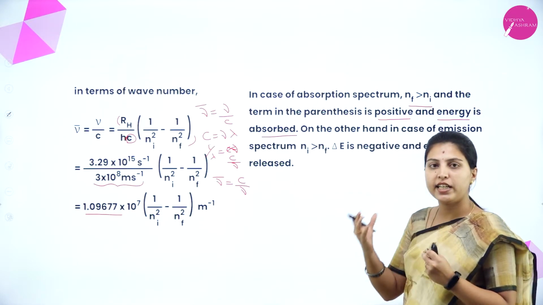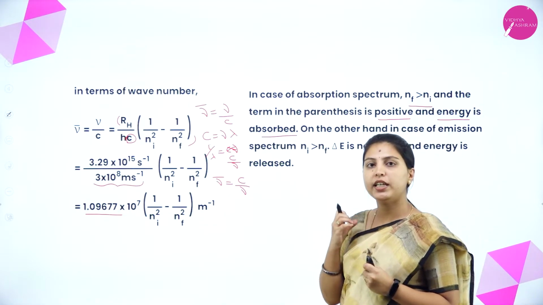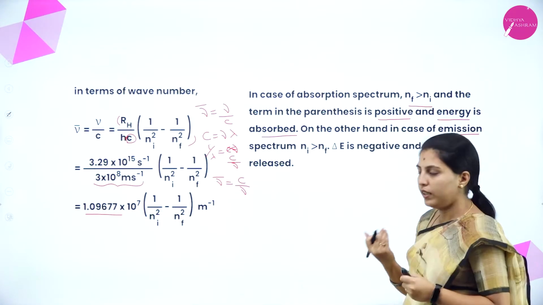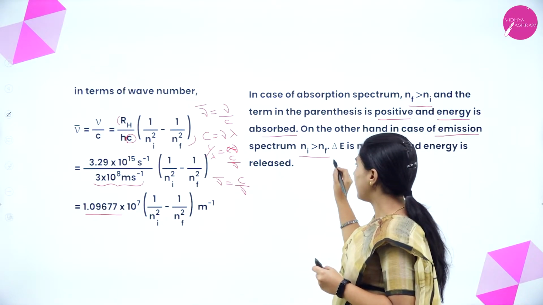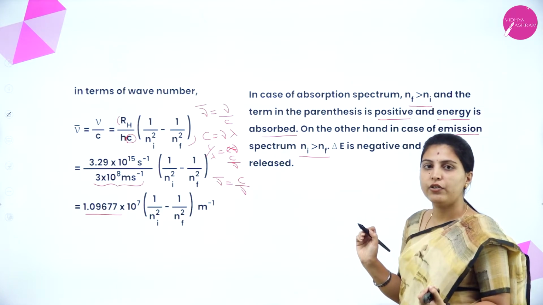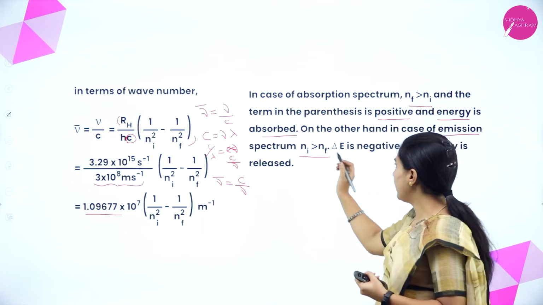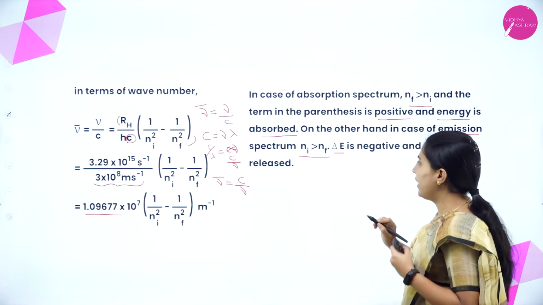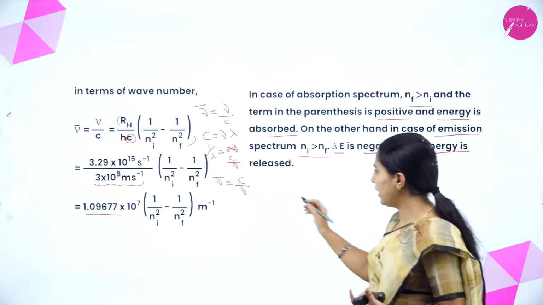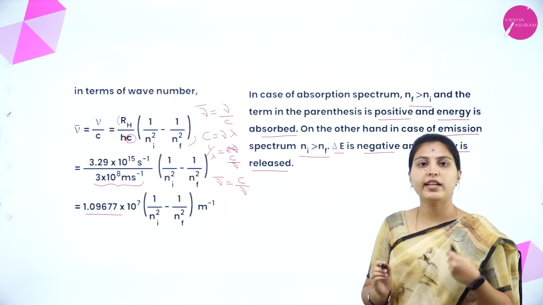On the other hand, in the case of emission, Ni is greater than Nf, that is, the initial orbit will be greater than the final orbit. At that time energy is always negative, and whatever the energy, it will be released or emitted.